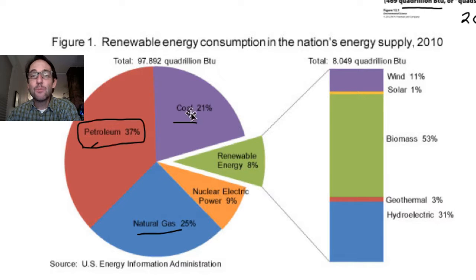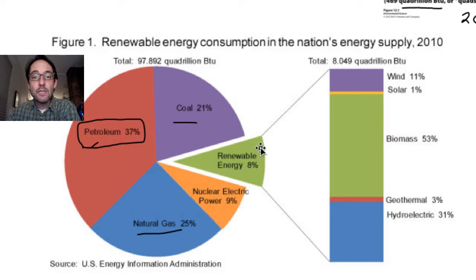It's pretty similar to the global percentages, and that's probably easier to remember than specific numbers. So again, petroleum or oil is our primary source of energy, and this is all types of energy: electricity, transportation, industry.